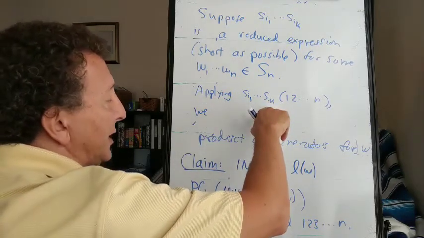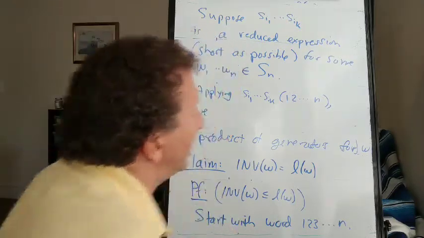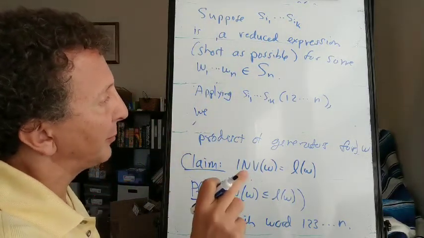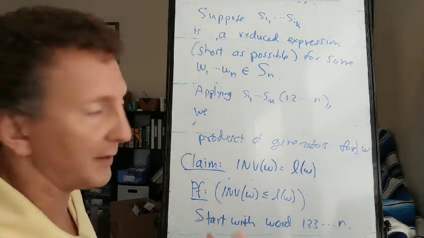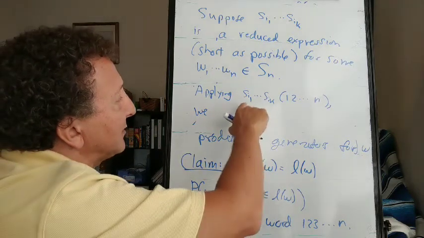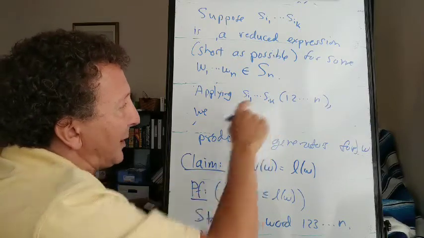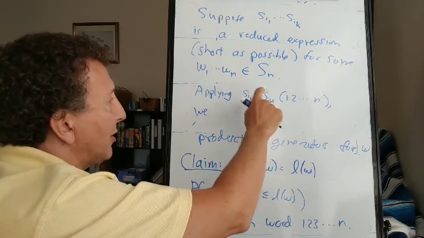Now every time we apply a generator to this word, we're going to switch two letters. We could be switching letters that are in order and putting them out of order, or we could be switching letters that are out of order and putting them in order. But whatever we do, we're going to end up with at most k pairs of letters out of order, because at worst we could put things out of order at every step.